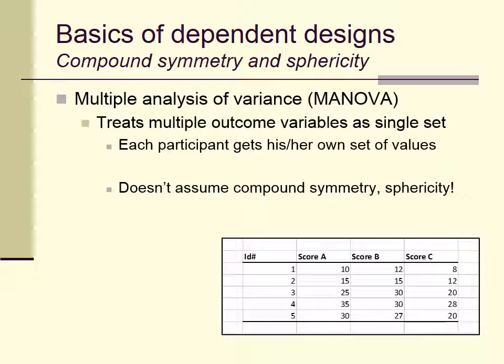If there were big violations of the assumption of compound symmetry, or relatedly of sphericity, then we might expect that repeated measures ANOVA would have relatively less power, or would just be tricky to interpret as compared to the multivariate MANOVA approach.